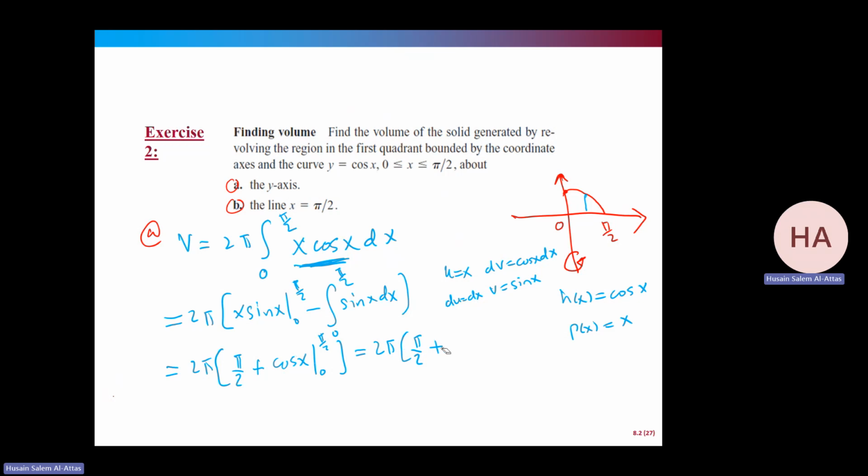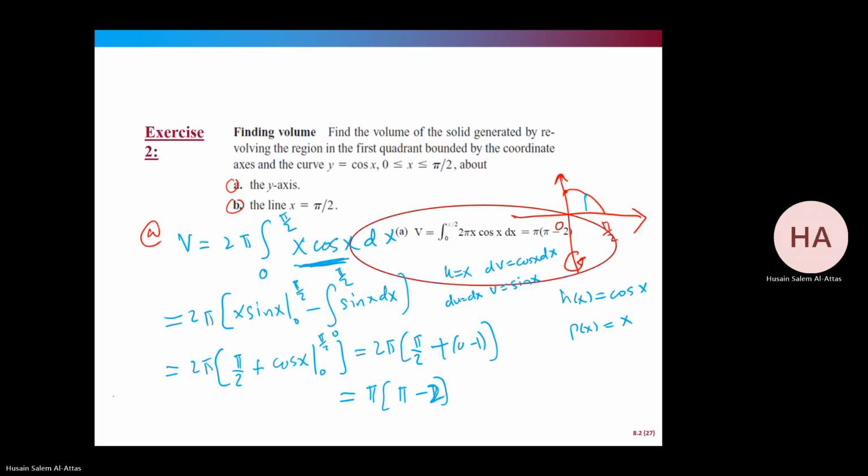So it's minus 1. It will be plus 0 minus 1 if you wanted to. Now multiply the 2 inside. So I have pi times pi minus 2, which is, I think, the answer. Just a matter of calculation.